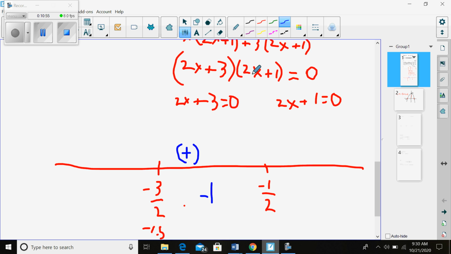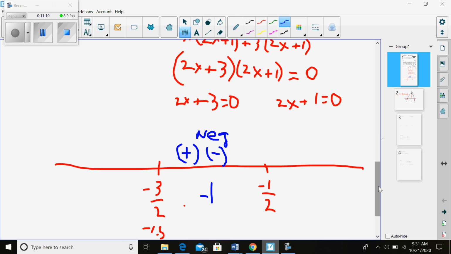And over here, if I plug in negative 1, I'm going to get a negative, right? Because I'd have negative 2 plus 1. That means that my function, positive times negative, is going to be negative. So that's telling me my function is negative between negative 3/2 and x equals negative 1/2.